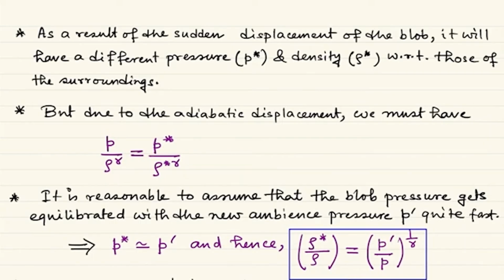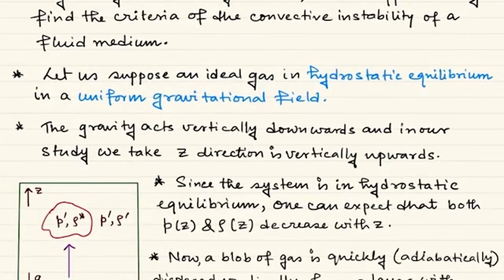So P by rho to the power gamma is equal to P star by rho star to the power gamma. Now coming to a very important point. It is reasonable to assume for our case that the blob pressure gets equilibrated very quickly after the blob reaches the new ambience, because the walls are not adiabatic in nature and not rigid in nature.